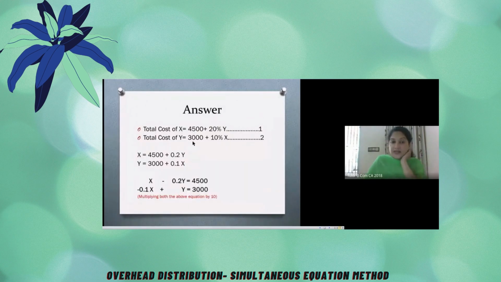Total cost of Y is equal to 3,500 plus 10% of X. Total cost of X is equal to 4,500 plus 20% of Y. So I just made this into an equation.